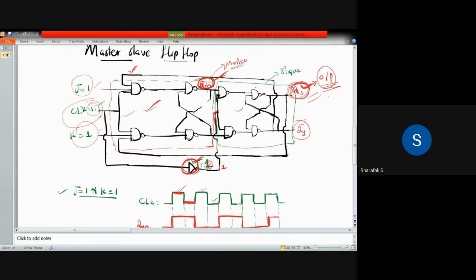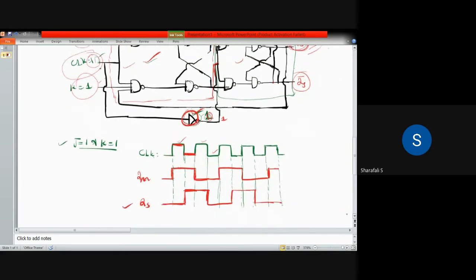And similarly for the slave also, we'll be having the same input as QM for the slave circuit when your clock is at 0 level. So it will not toggle. This output will remain as such, it will not be toggling within the clock pulse, but it will toggle in each clock pulse when it is changing from 0 to 1 and 1 to 0.